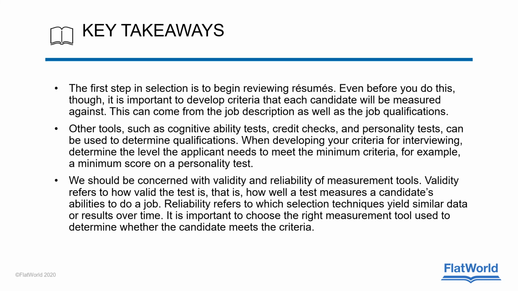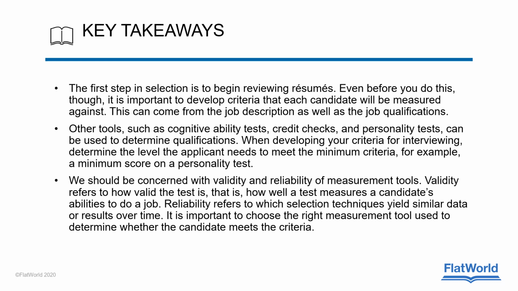So key takeaways: the first step in selection is to begin reviewing the resumes. You have to develop the criteria by which you're going to do this. Some other tools that you can look at when you score the candidates are cognitive ability tests, which we've mentioned, credit checks, and personality tests. When you're developing your criteria for interviewing, determine the level the applicant needs to meet the minimum criteria, for example, a minimum score on a cognitive ability test or a minimum score on a personality test.